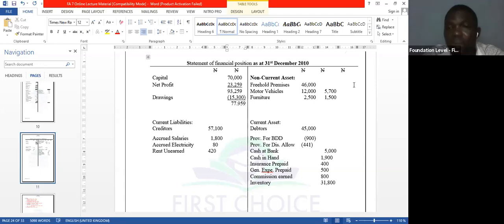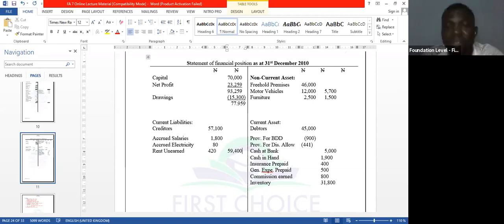So we move to current liabilities. Let's add the current liabilities together. If we add them together, it will give us a total sum of 57,100, 842. Then there is 59,400, that's the figure given to us.